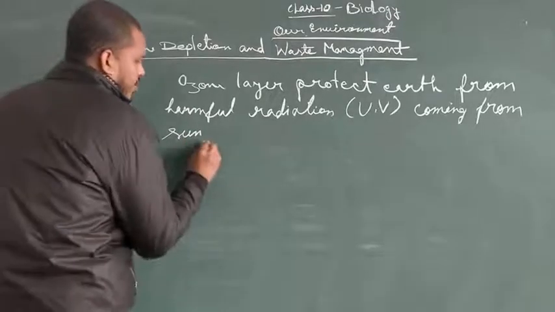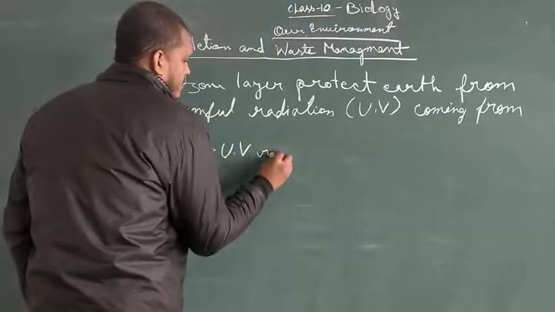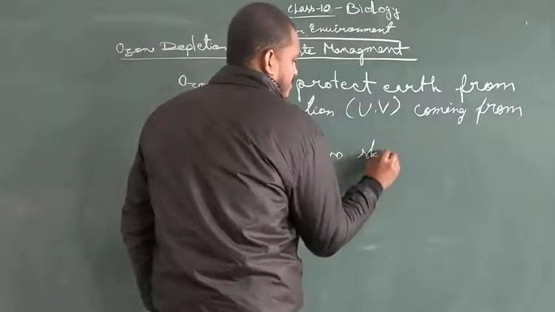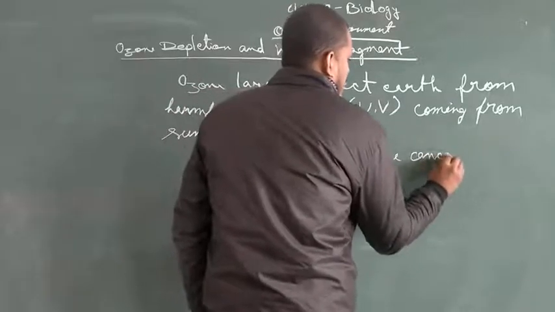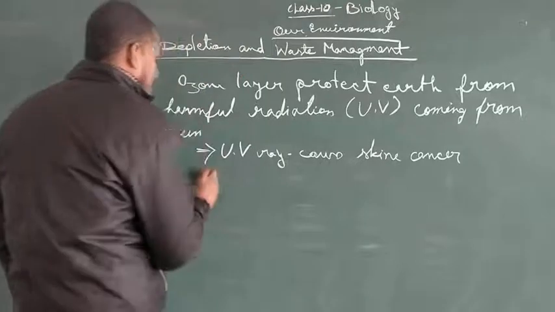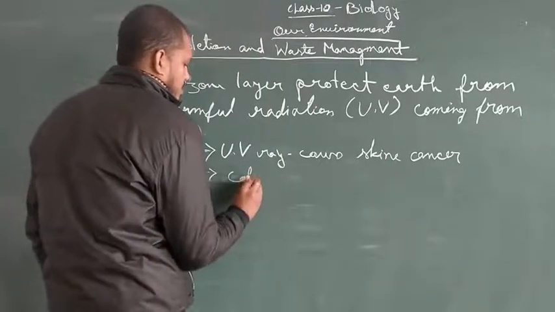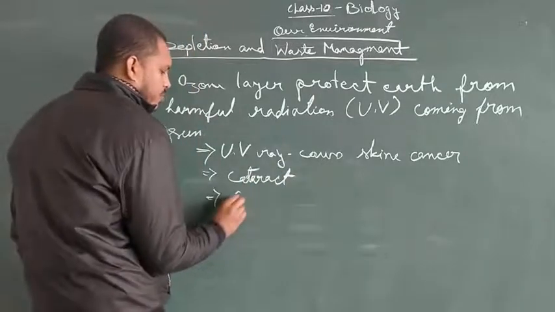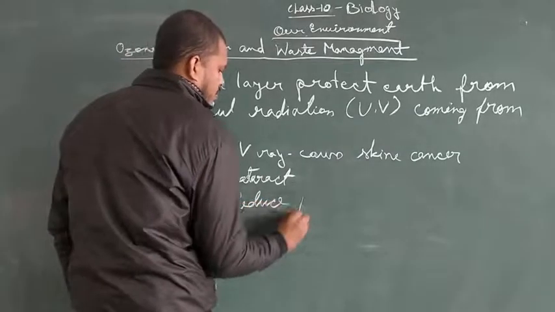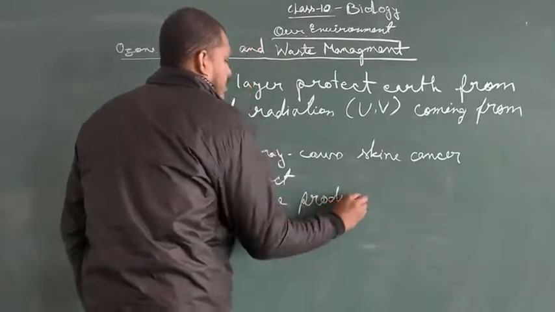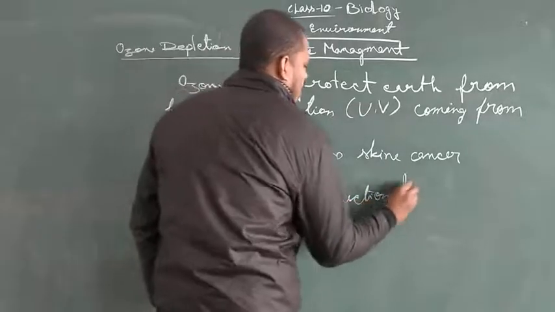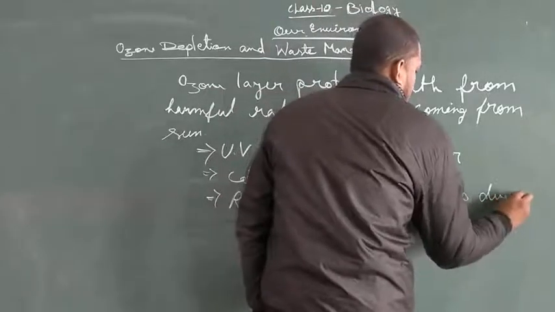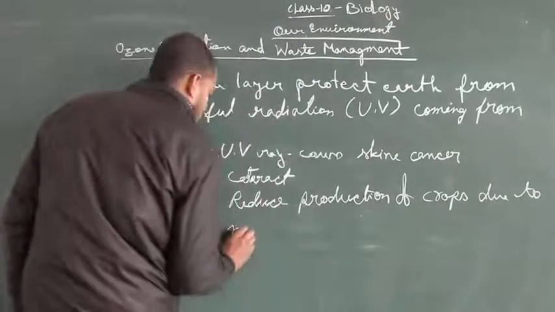Ultraviolet radiation causes skin cancer, cataract, that is an eye problem, and can reduce production of crops due to mutation.